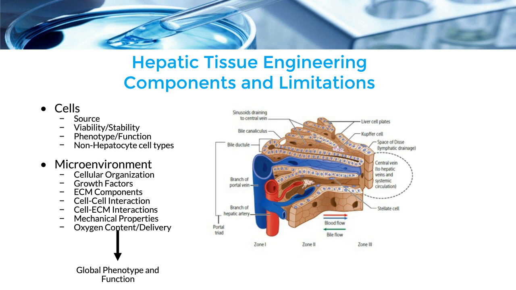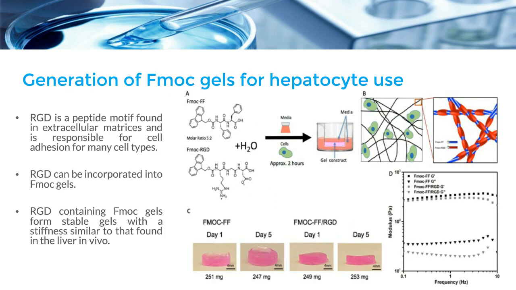As I've mentioned already, it's really important to try to include components of the liver microenvironment that would mimic what we see in vivo, but now in vitro in a hydrogel. Many groups have tried a variety of different natural, non-synthetic approaches.